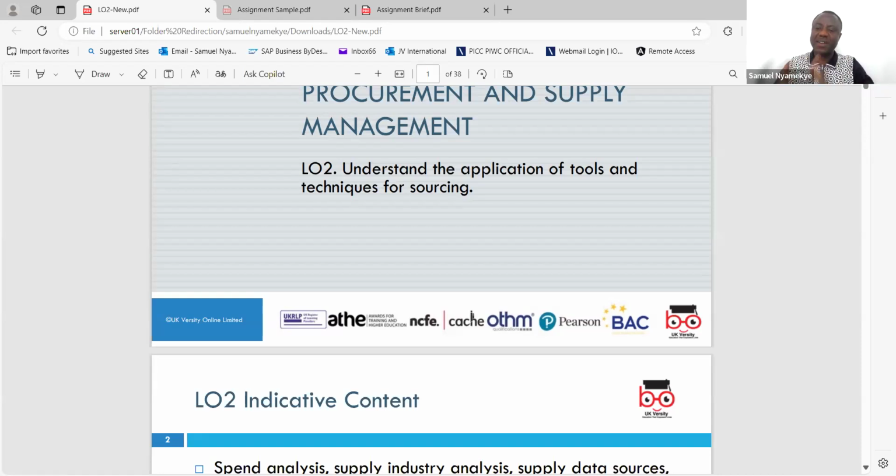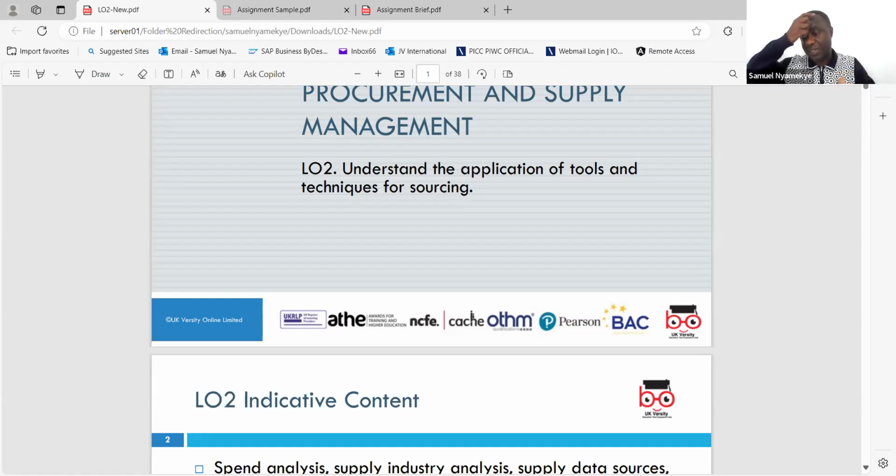And then we've also looked at the tool of requesting for quotation. You have to be able to put your request together and request. One of the ways by which you can do it is to invite people for tender. So that is also another tool.